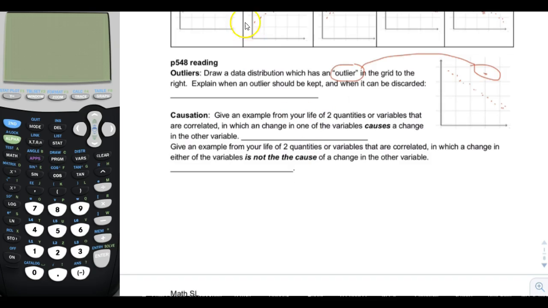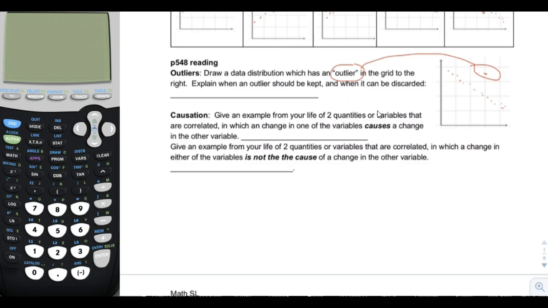Explain when an outlier should be kept and when it can be discarded. Well, what the book says is if you have an outlier, if it's a real piece of data that's not an error, then you keep it. What do we mean by an error? Well, like let's say you graphed it in the wrong place, or you recorded it wrong somehow. So in those cases, of course, you should discard it.